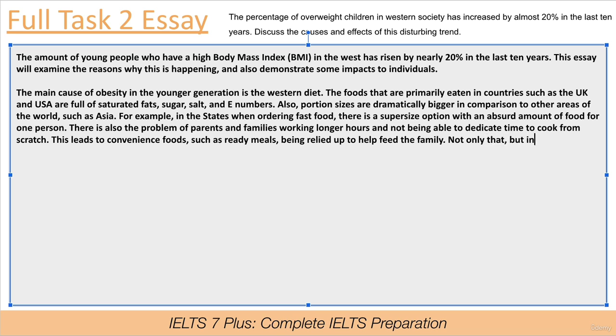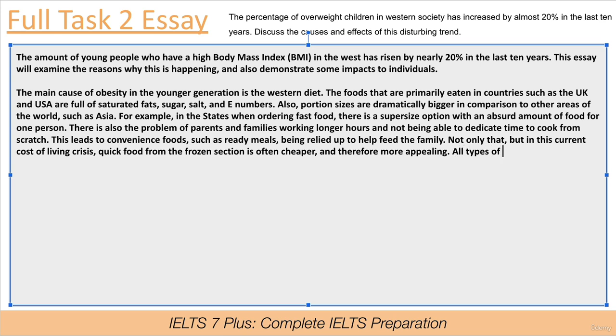Not only that, but in this current cost of living crisis, quick food from the frozen section is often cheaper and therefore more appealing.